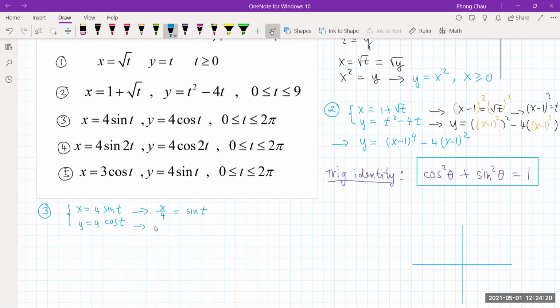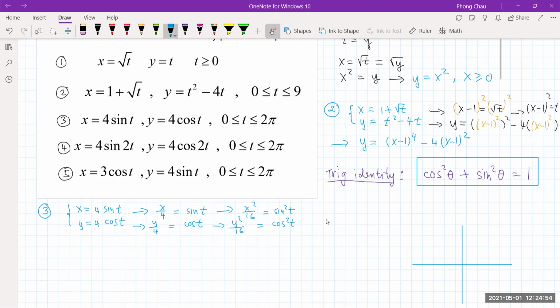Likewise, if I divide by 4, I have y over 4 equals cosine t. And then I'm going to square both sides. Why? Because of the squared sine and cosine. If you square both sides, you have x squared over 16 equals sine squared t, and y squared over 16 is cosine squared of t.